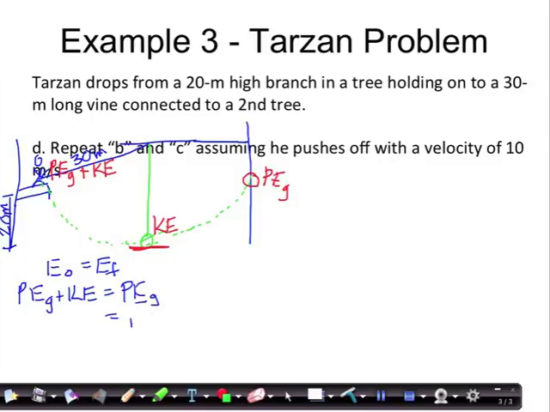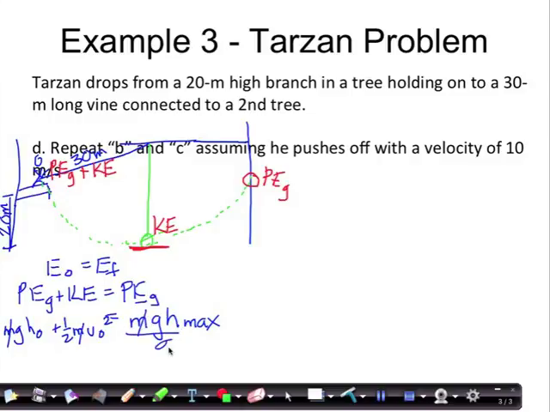So when we solve, we get mgh max. Our h max is what we're looking for. So our m's, we can see, cancel out of all of our terms. And we solve for h max.